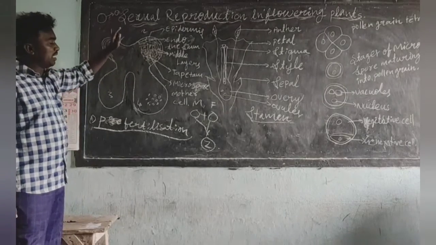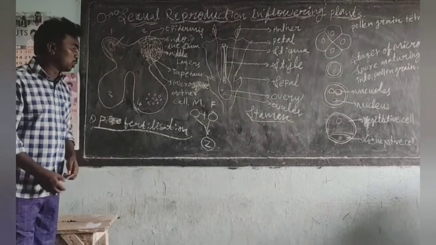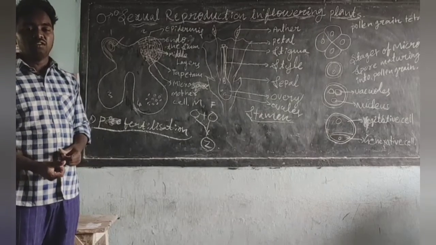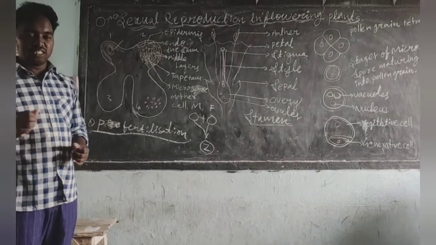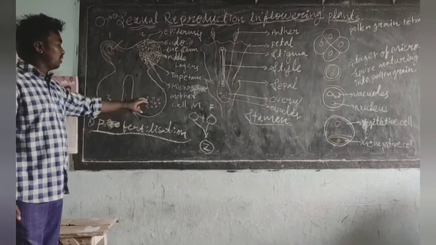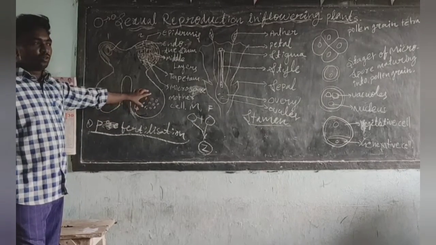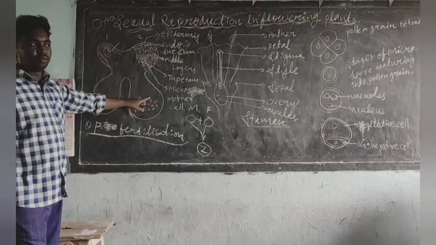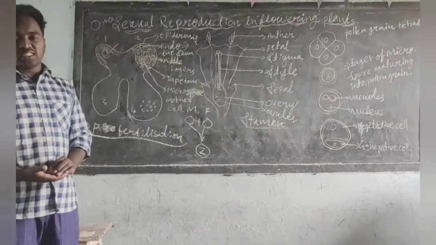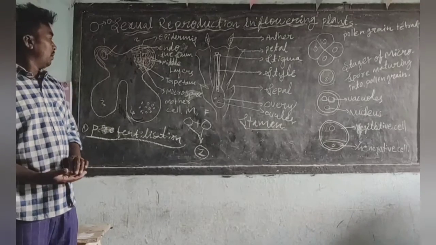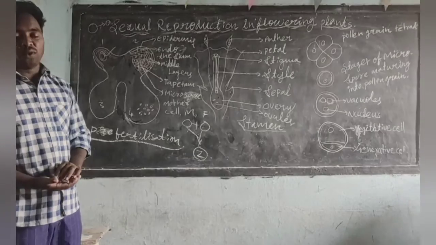After the formation of monospores in the tapetum cells from the microspore mother cells, the totally enlarged or totally developed monospore cells are called pollen grains. Okay, pollen grains.